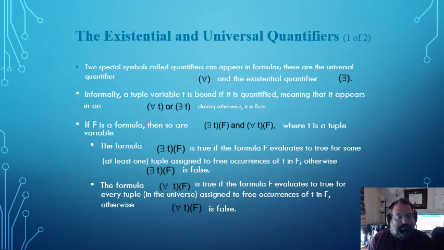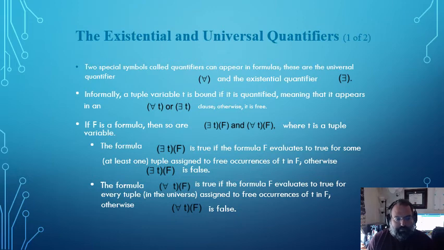Two special symbols called quantifiers can appear in formulas. They are the universal quantifier and the existential quantifier. Informally, a tuple variable t is bound if it is quantified, meaning that it appears in an existential or universal quantifier.